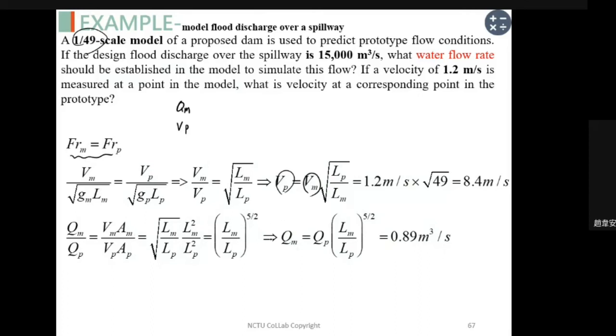Finally, Qm is equal to Qp times the length ratio to the power of 5/2. So the discharge in the model is around 0.89 cubic meters per second.